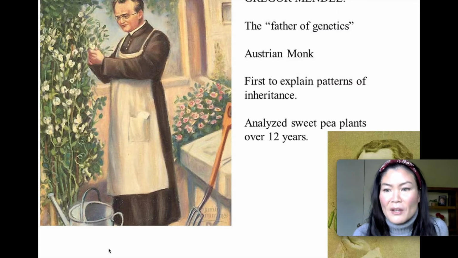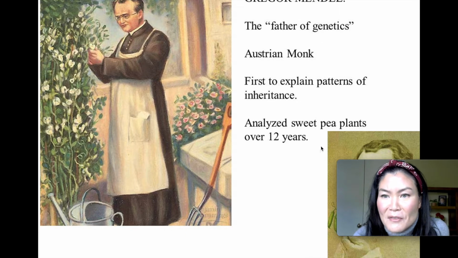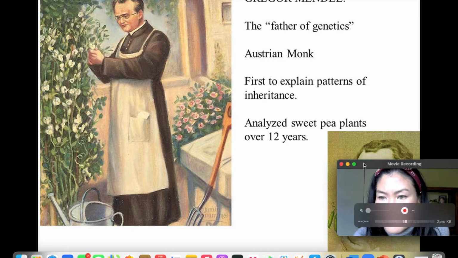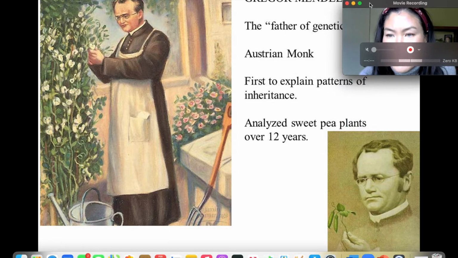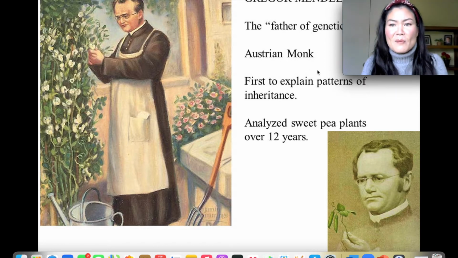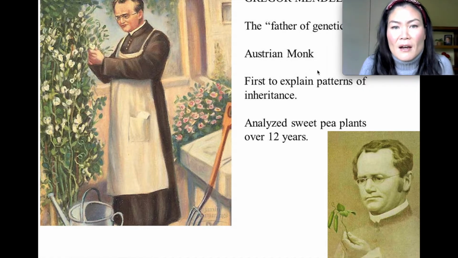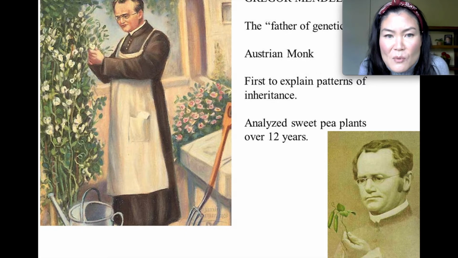Okay, so the guy that is known as the father of genetics, let me just move my face so you can see his face, is Gregor Mendel. So Gregor Mendel, he was a monk. So he was a priest, and he had a lot of time to pray, and he loved math, he loved botany.